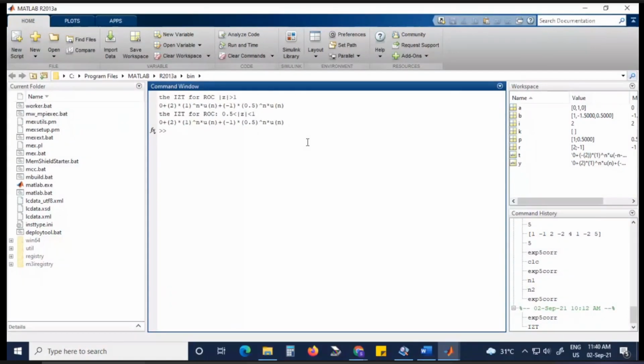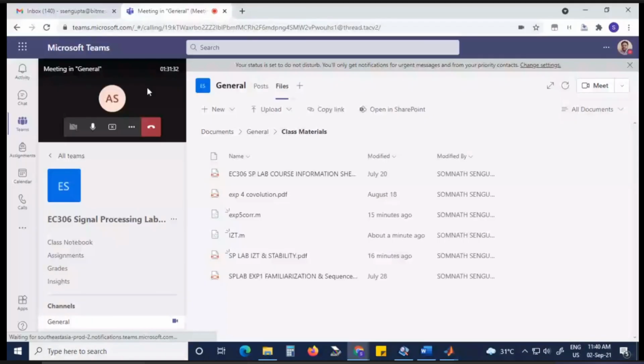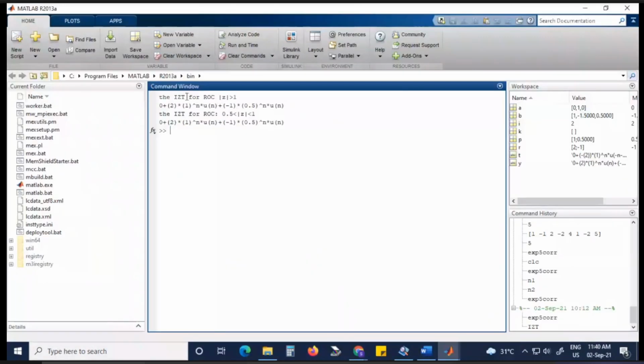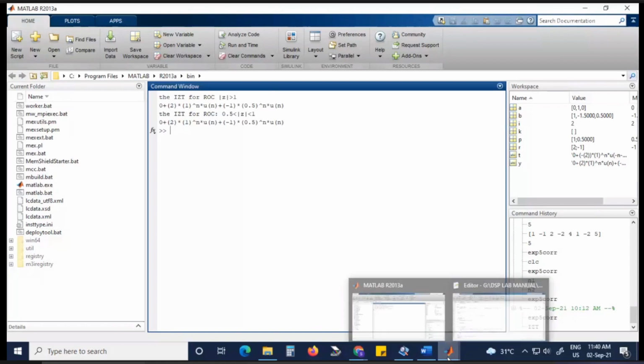Are you able to see the screen? Yes, sir. Okay, so the final output should come this way only. That the IZT for ROC mod Z greater than, no, greater than 1, is greater than 0.5.